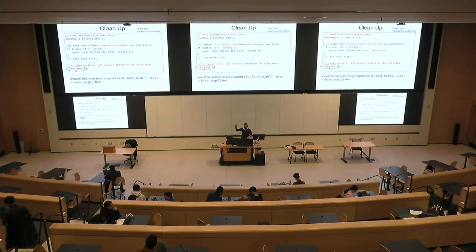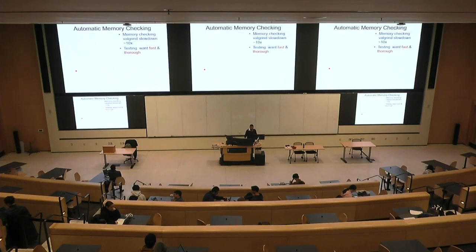Otherwise, your memory usage will blow up if you keep calling unit test after unit test. To make sure that you are doing that, we have a Valgrind unit test that will run Valgrind and make sure that there are no memory leaks and that your memory usage is reasonable. So remember, you must free all the memory that you've created inside load map by deleting everything inside close map. Otherwise, you'll probably lose marks because we will test against this.